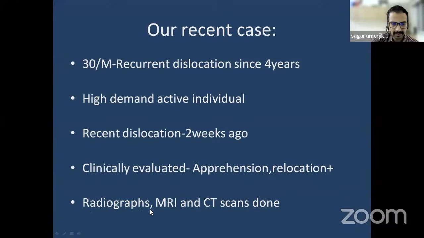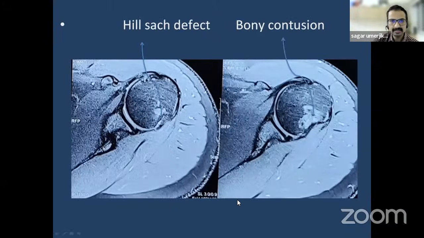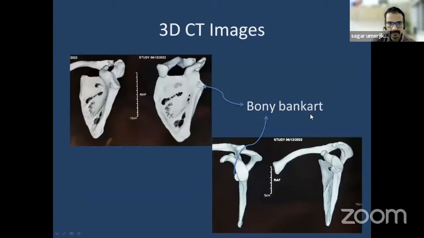So we went ahead with radiographs, MRI and CT scans. In the MRI we see the Hill-Sachs defect here when it is in position, and we see bony contusion here. So this was very chronic, and we went ahead with 3D CT images, wherein we can see a small chunk of bone here. This is basically a bony Bankart. We can see it in this image, as well as in the side images.